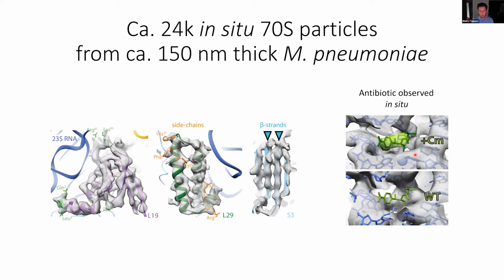And I very much hope that we can move on to smaller and less abundant targets at similar resolutions in the future, but I think it will be a lot of work to get there.